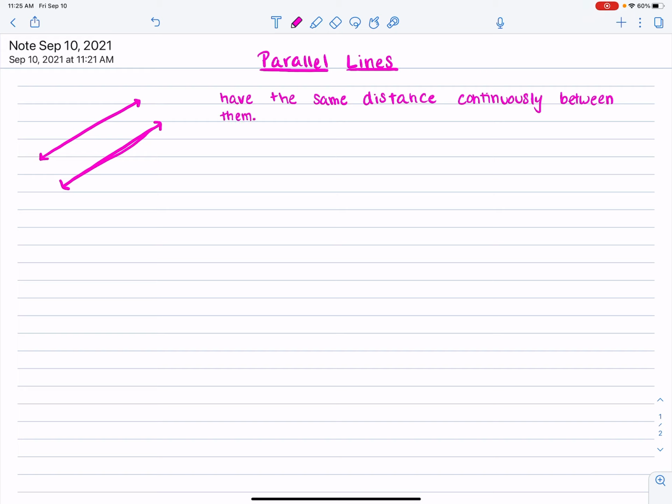So these lines are parallel because if I counted the distance from this spot to this spot, it would be the same as the distance from here to here. Okay? Two non-parallel lines, the distances wouldn't be the same. So also you can say they never intersect.